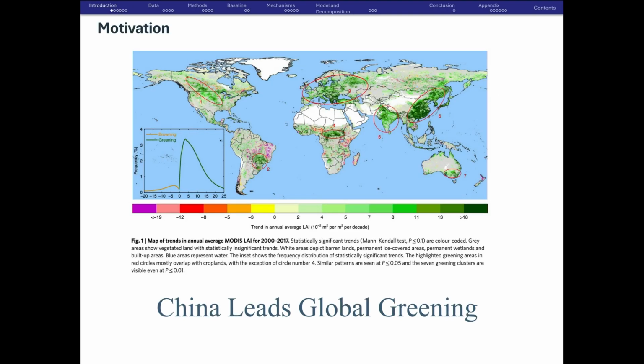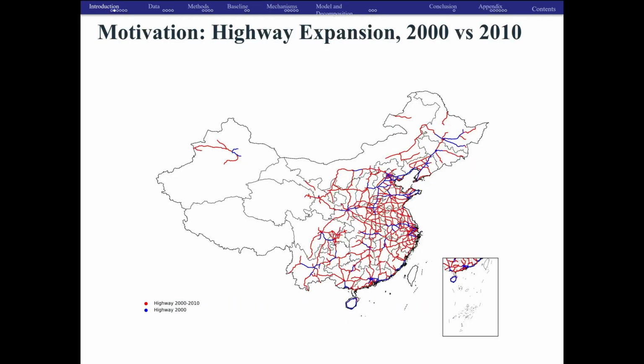Basically, the motivation is, as I've said, China leads global greening. We probably experienced the largest forest area expansion in the world due to huge effort in plantation. But we also see a lot of highway expansion, especially after 2000.